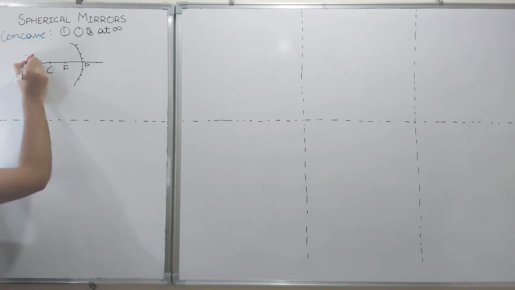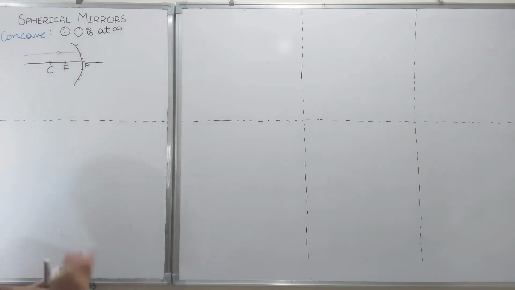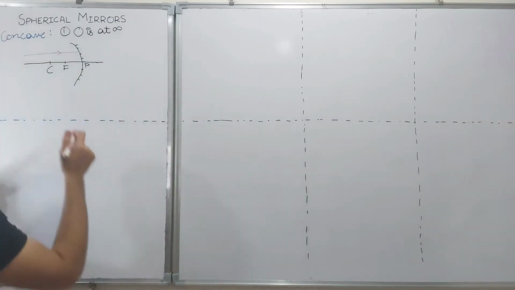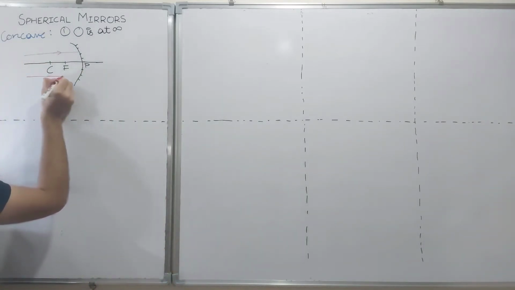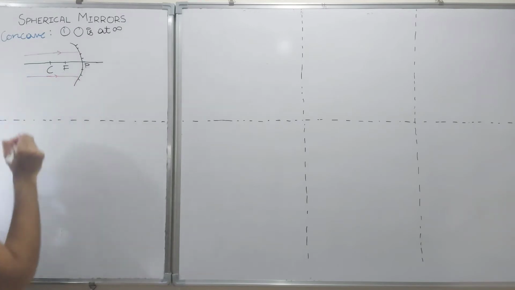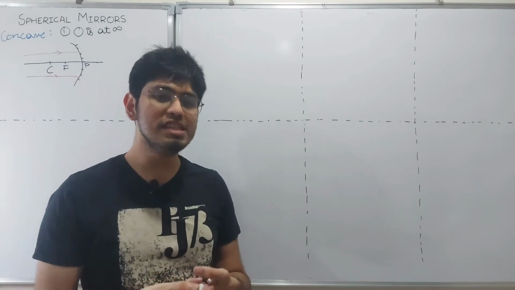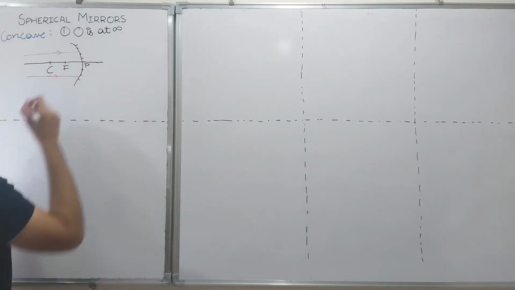So we are going to draw a line which is parallel to the principal axis, the first ray of light, and the second ray of light which is again parallel to the principal axis. Both these rays are parallel to the principal axis. Now what will happen when these rays of light reflect?